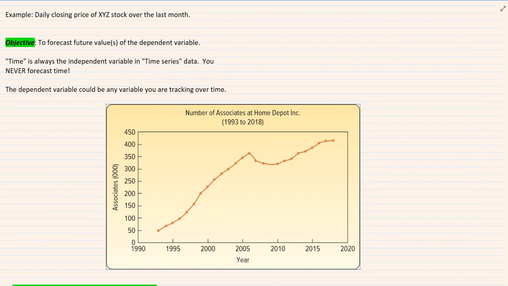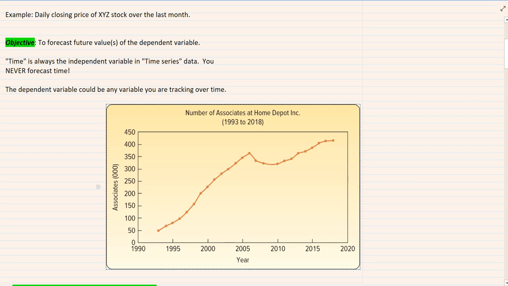In 1993, which looks like the beginning of this data, Home Depot had about 50,000 associates, and because of prosperity over time, the company has grown to over 400,000 employees. So you can see that secular trend over time. Notice the independent variable in this case is years, or time span. These are yearly data.